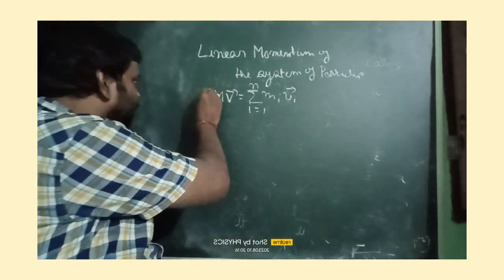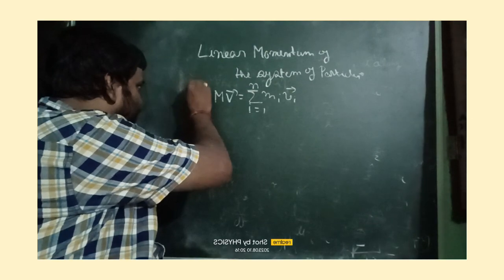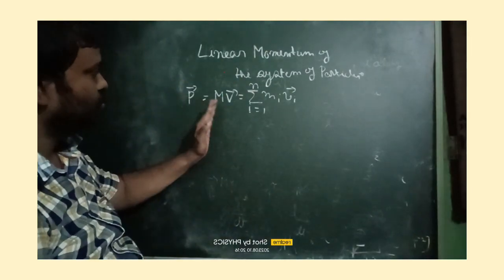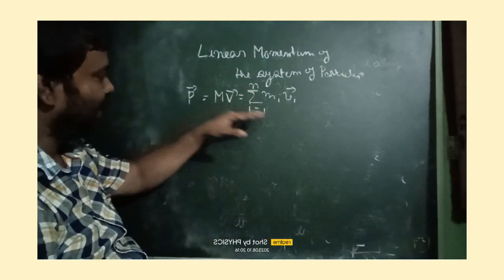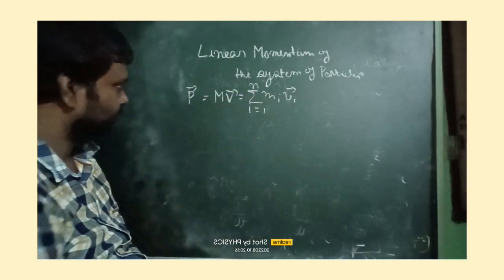So the linear momentum of the center of mass P equals mv equals summation of i equals 1 to n of mi vi.